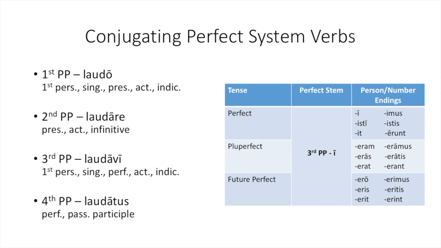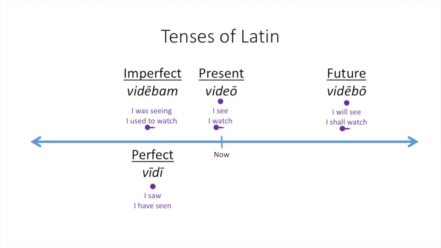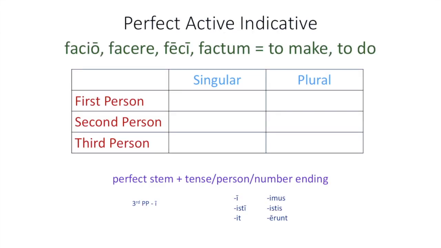So let's look at this in practice. And let's start with our perfect tense. Vidi, I saw or I have seen. And let's use the verb facio, facere, feci, factum, meaning to make or to do, as our first example. And remember, it doesn't matter which conjugation verb we're working with.